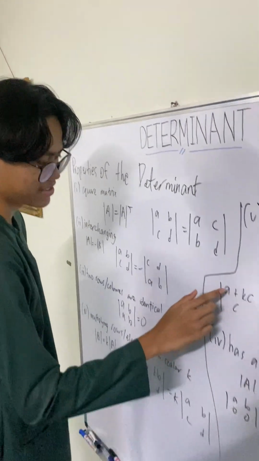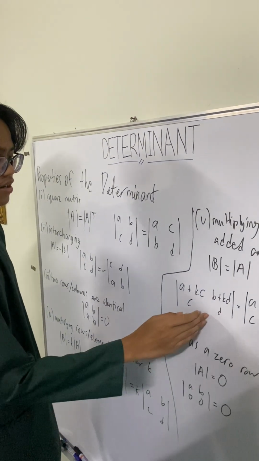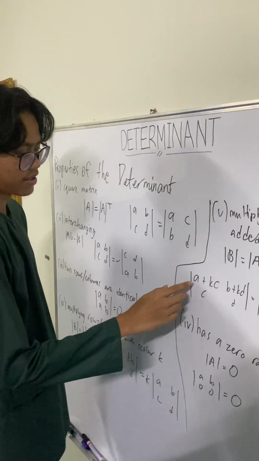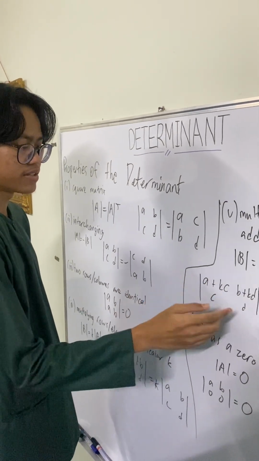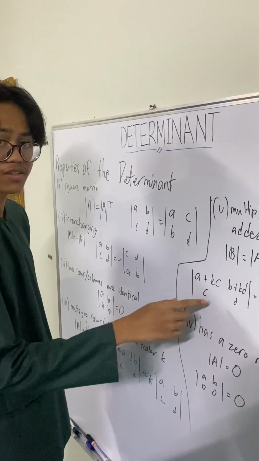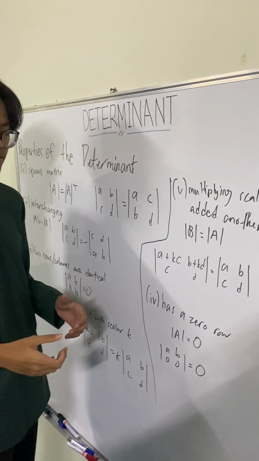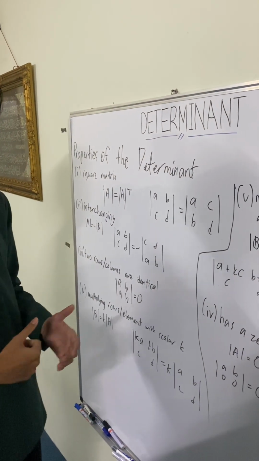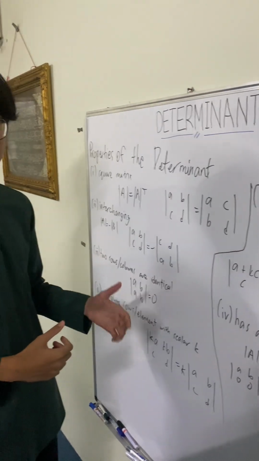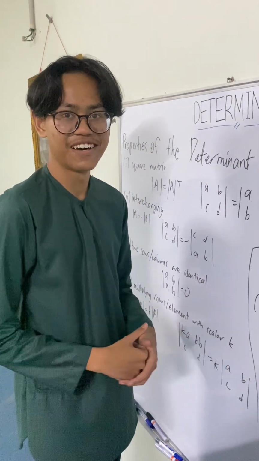Okay, so it's A plus K C. If you want to calculate, A plus K C will be multiplied with D, and C will multiply with B plus K D. So if we make some calculation, just use basic matrix methods.